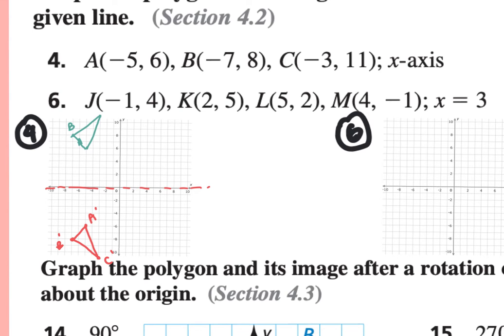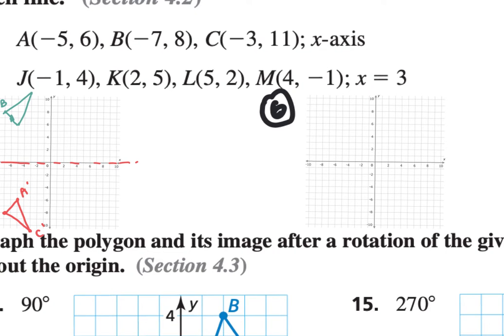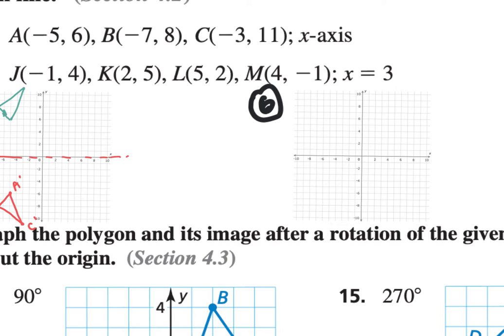So I'm going in the opposite direction over the x-axis. I'm going to do 6 since I'm zoomed in on this side. So 6, -1, 4, 2, 5, 5, 2, and 4, -1.